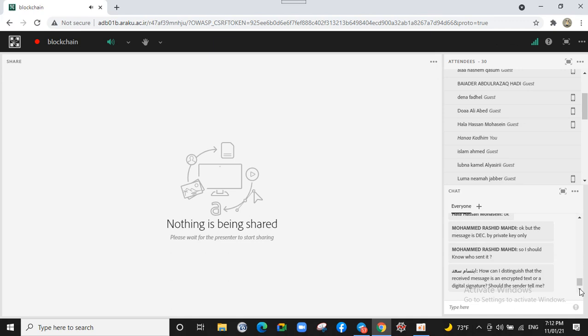Your question is, how can I distinguish whether the received message is an encrypted text or a digital signature? Should the sender tell us? Yes, the sender tells us that. For example, suppose that I'm sending some money.